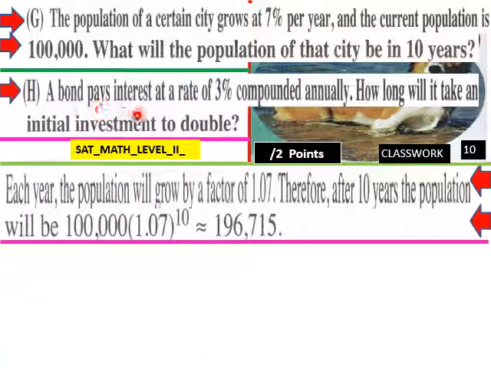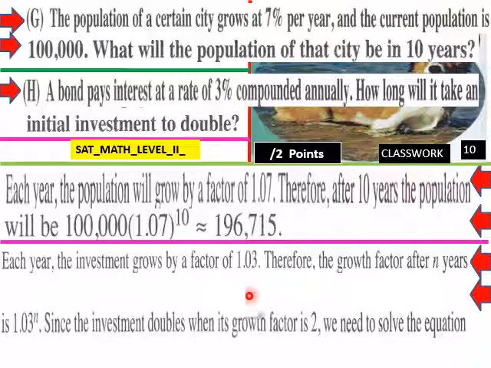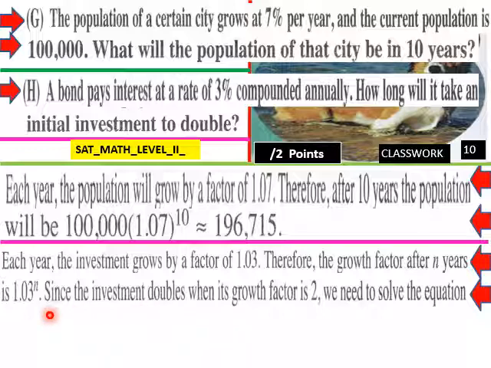H. A bond pays interest at a rate of 3% compounded annually. How long will it take an initial investment to double? Each year the investment grows by a factor of 1.03. Therefore, the growth factor after n years is 1.03 to the nth power.